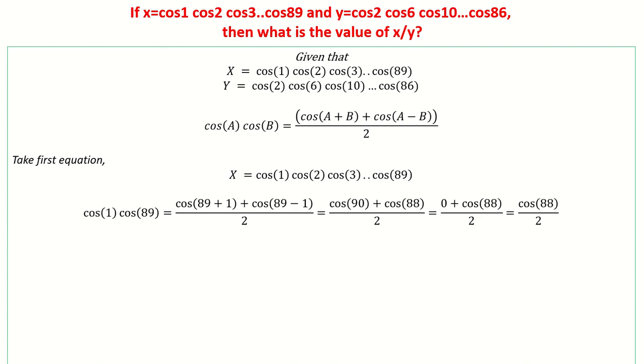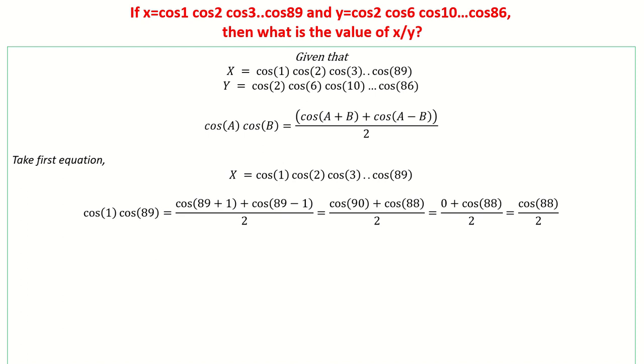Then you take cos 1 and cos 89. It will become cos 89 plus 1 plus cos 89 minus 1 divided by 2, which is nothing but cos 90 plus cos 88 divided by 2.